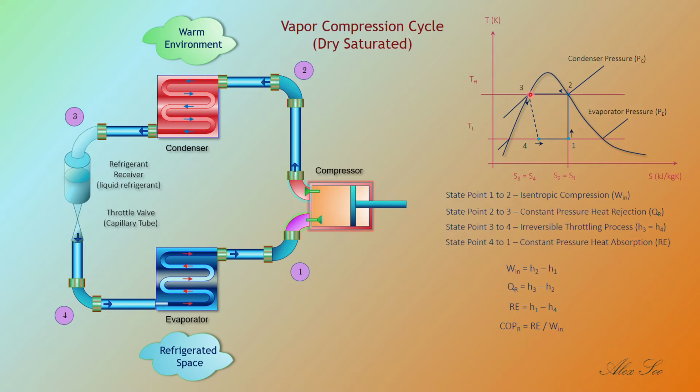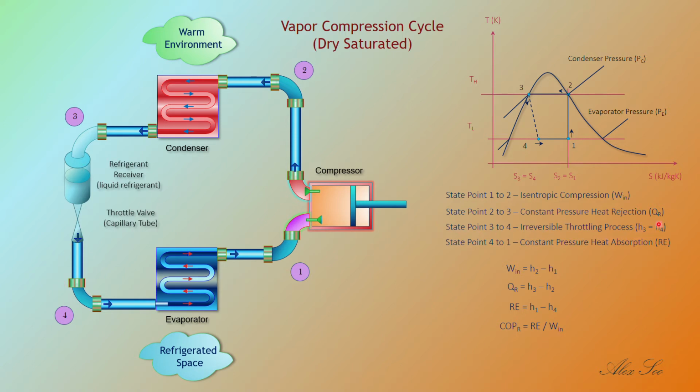And then you have 3 to 4, where it goes into the expansion valve, which we say is an irreversible throttling process. For throttling processes, we have constant enthalpy, that is H3 equals H4.